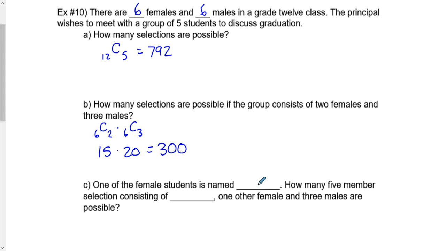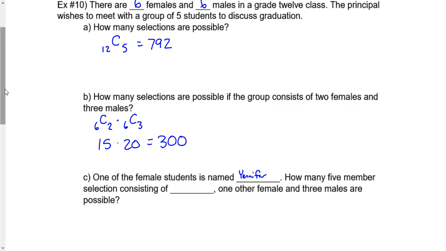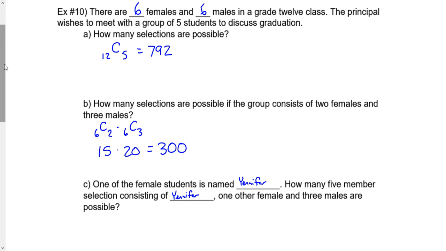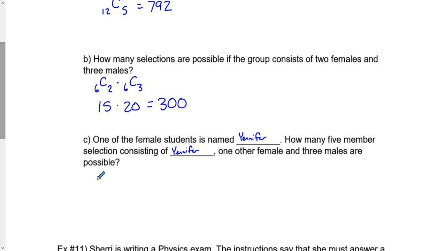Now, if one of the females was called, say, Yennefer, I don't know, sounds like a fun name. How many 5-member selection committees must have Yennefer? 1 other female and 3 males. So that just means that this total amount of 6 females is going to be dropped down to 5.